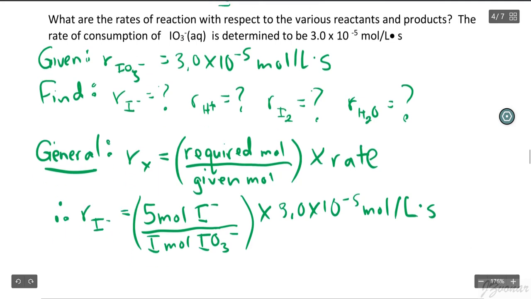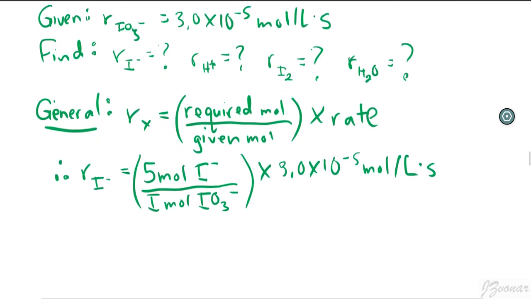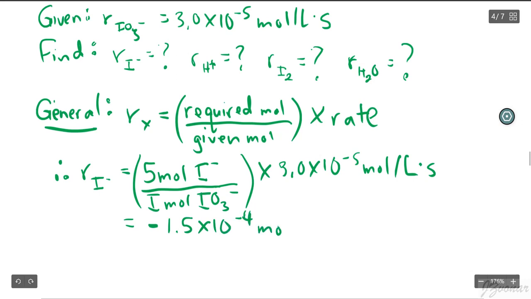And so when I work that all out, I get an answer of, and because we're dealing with the consumption of the reactant, the value is negative. So I know to put that as a negative, so it gives me 1.5 times 10 to the negative 4 moles per liter per second.